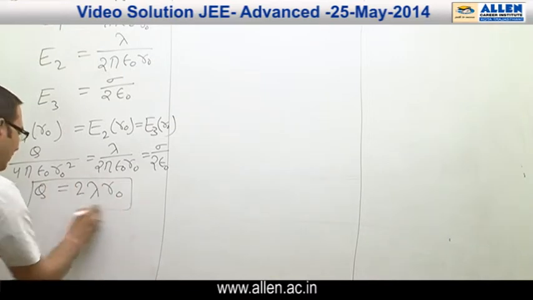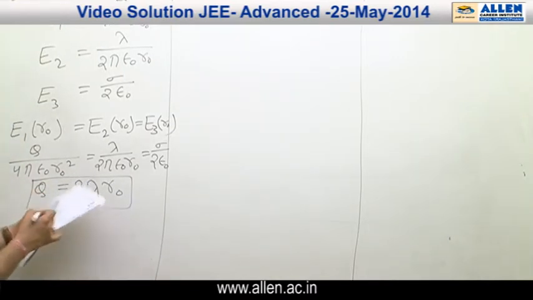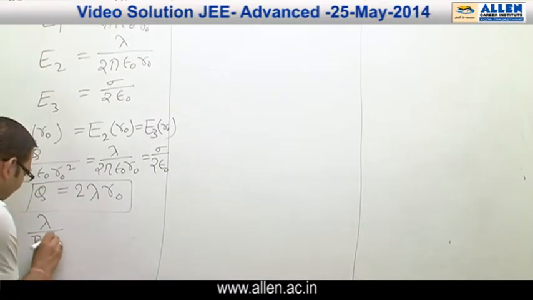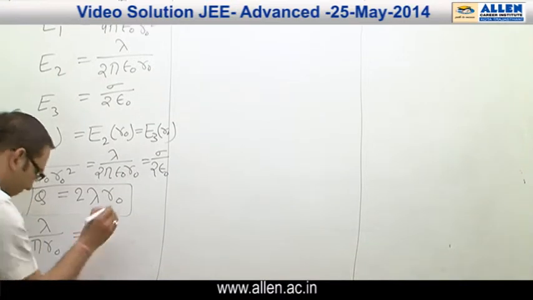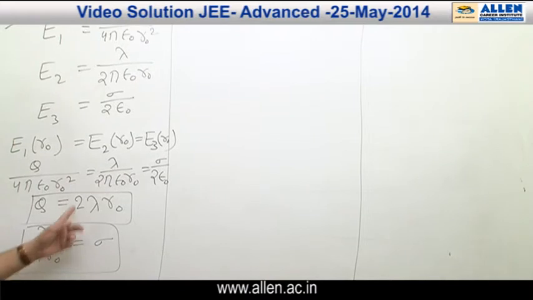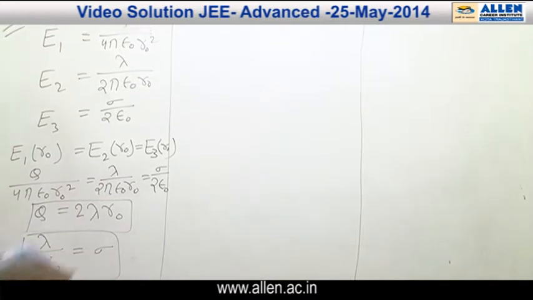This is the first relation between Q, lambda, R naught, and the second relation would be lambda upon pi R naught is equal to sigma. This is the second relation. So according to these relations, we can say that answers A and B are incorrect.